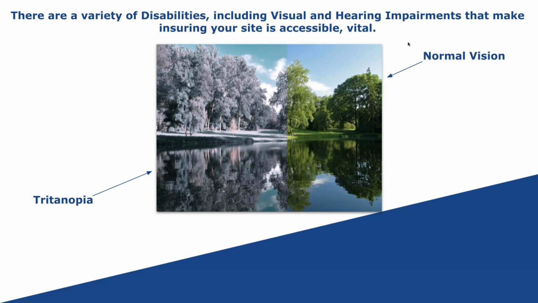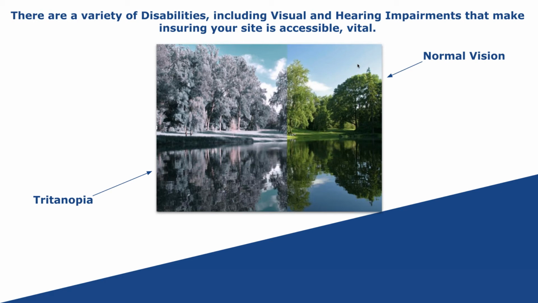So what we see over here, everyone, is two different types of color blindness. What you see towards the right is tritanopia, and over here is what we would see normally. So it shows just how different a site can be seen.